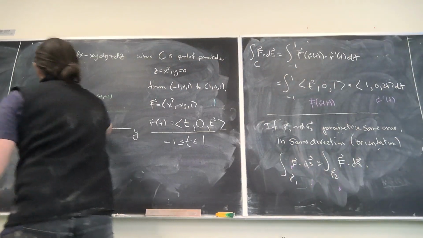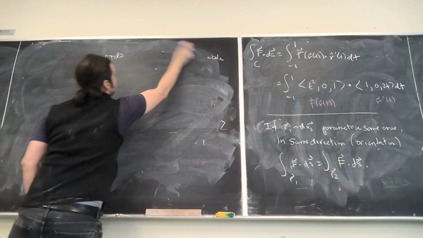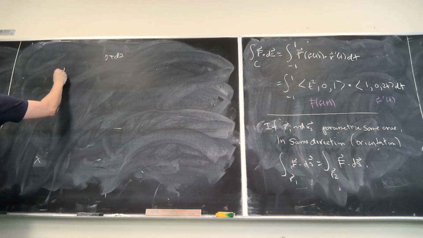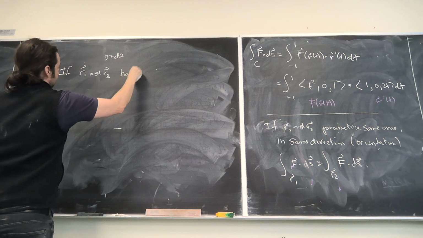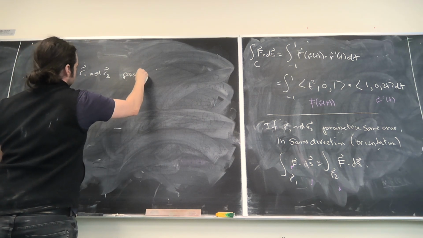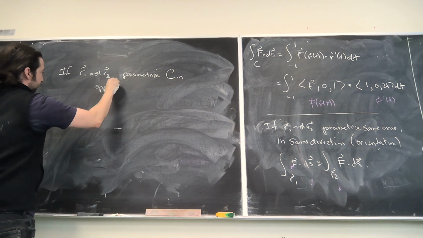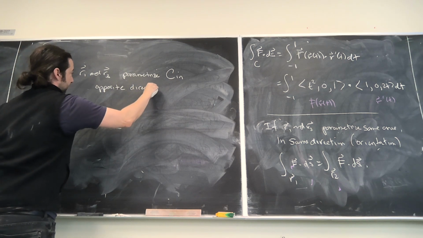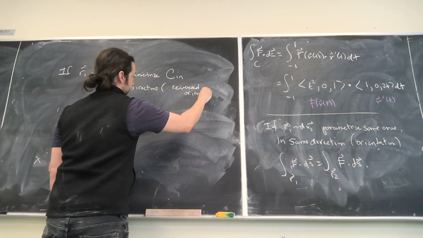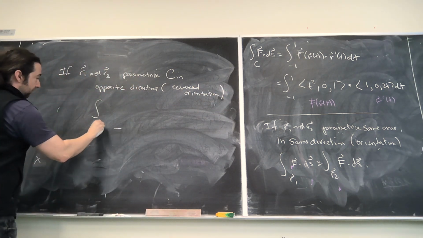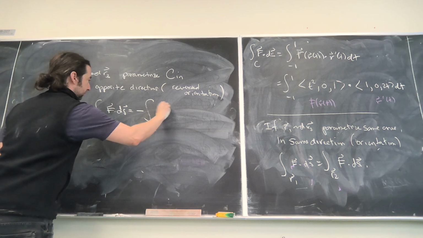If they're opposite, if R1 and R3, say, parameterize the same curve in opposite directions, the fancy word for this is reversed orientation, then the integral on R1 of F dot ds is equal to minus the integral on R3 of F dot ds.